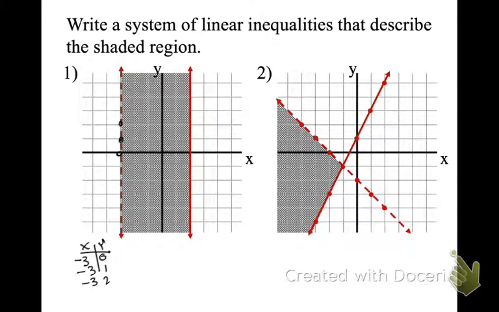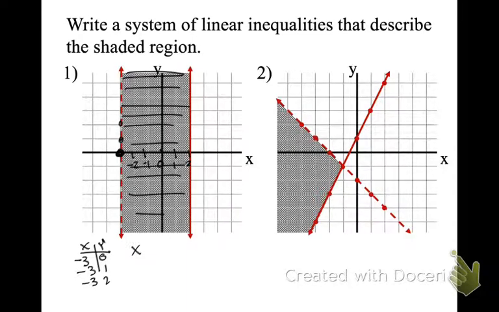Since x is constant, we look at the numbers on the x-axis: -2, -1, 0, 1, 2. The shading for this point is above the -2. X is greater than -2, and it's dashed, so I'm just leaving it at that.